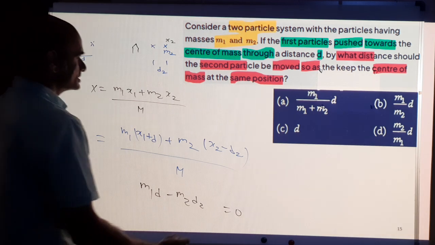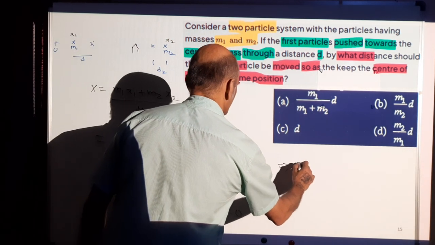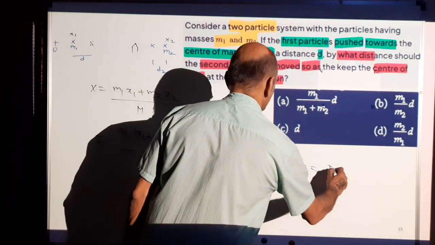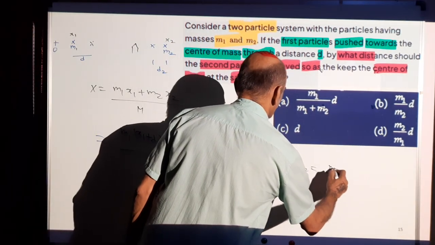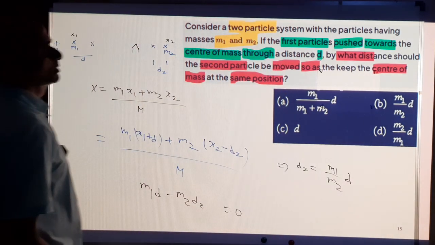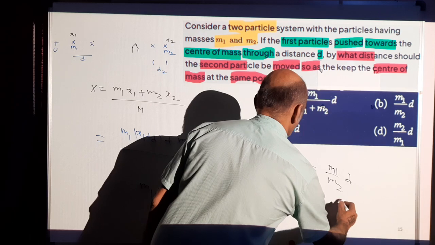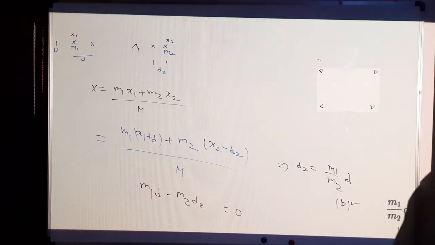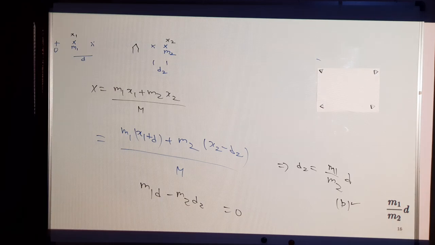So that means d2 is m1 by m2 into d. Option B, that is the correct answer.